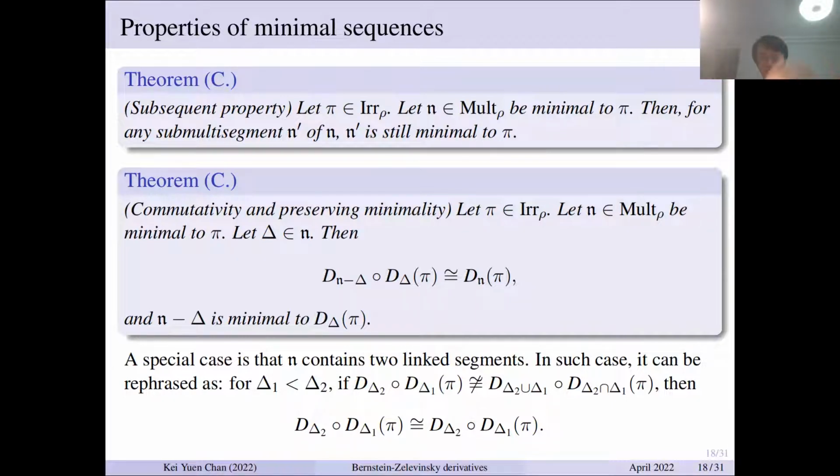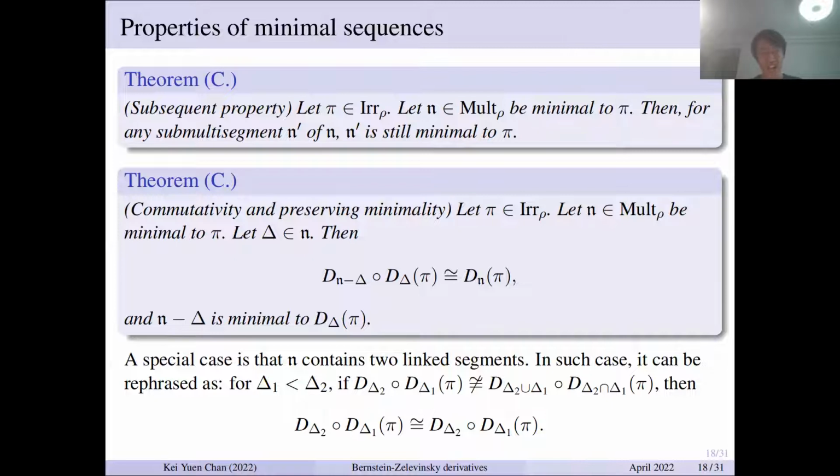So in the previous sense, any sub multi-segment of n is still minimal to pi. So actually, it's quite strong, because it also says that when you do the sequence of derivatives, it is non-zero. It is not true in general if you pick a non-minimal one, but with the minimal one, you have some good properties.